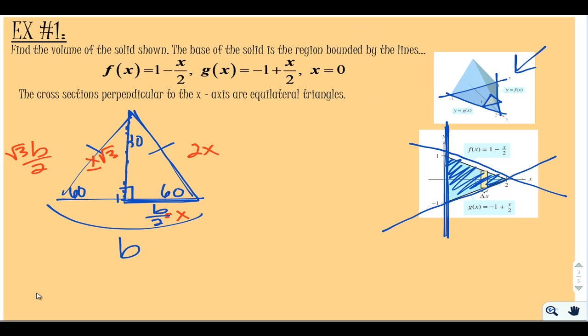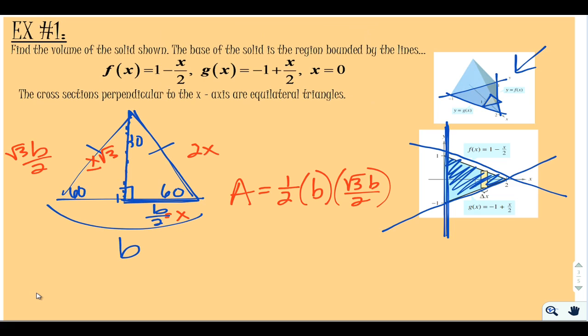Does that work? Okay, so if I wanted to do the area of this little triangle, I would do 1/2 times my base times my height, which was my rad 3b over 2.